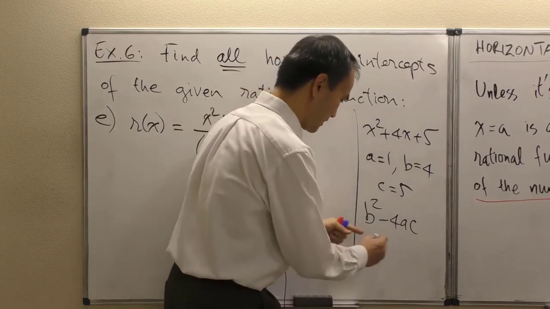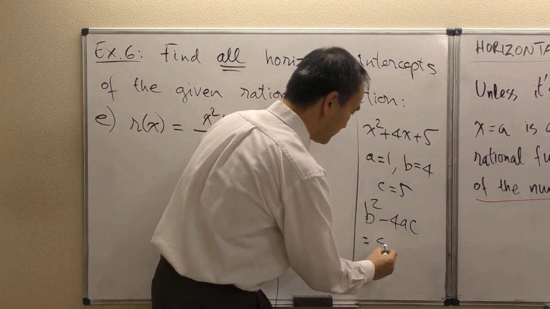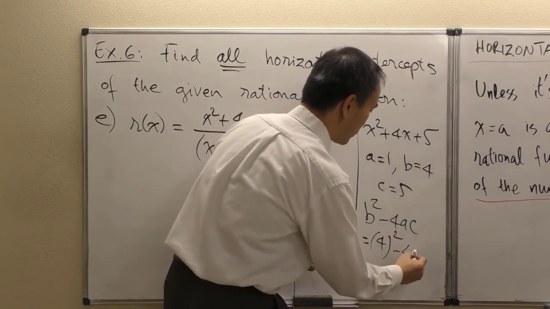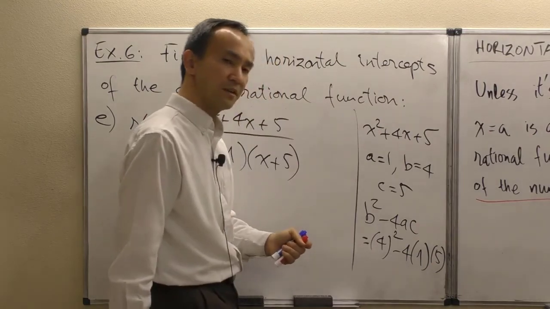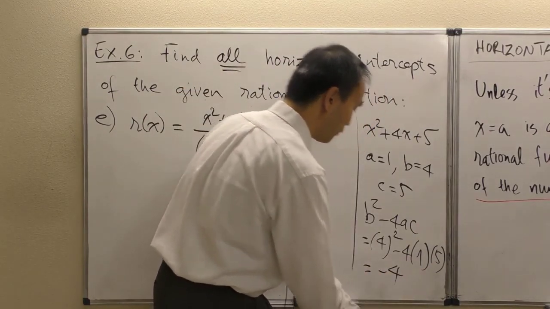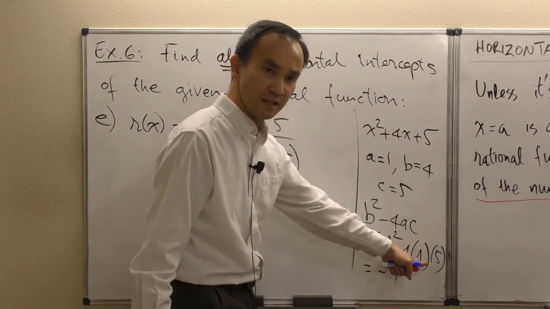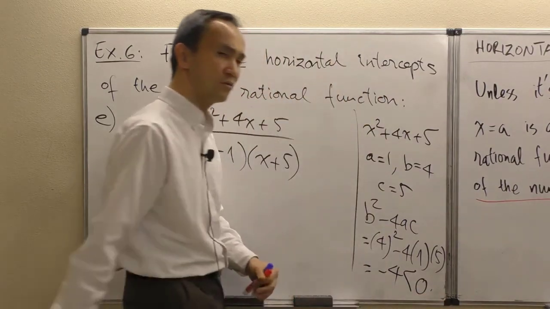Laying down the calculation here, we're looking at 4 squared minus 4 times 1 for a times 5 for c. That's 16 minus 20, which gives a negative 4, a negative value.